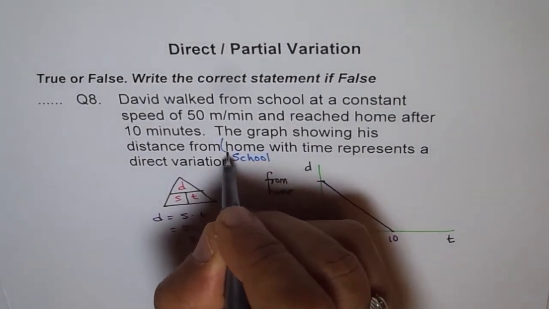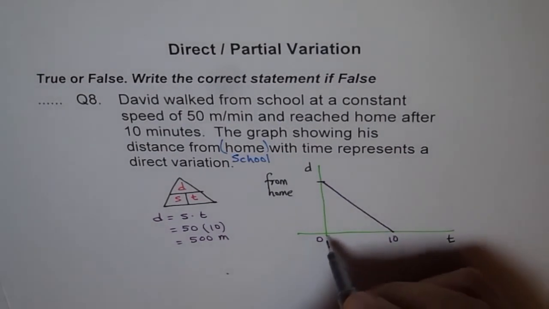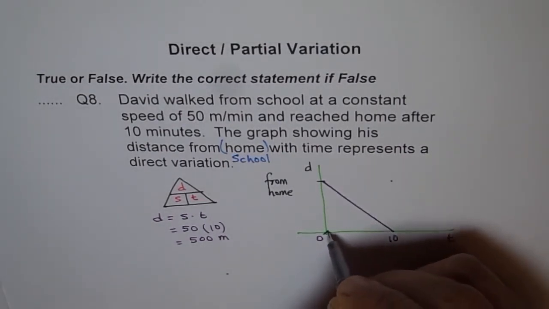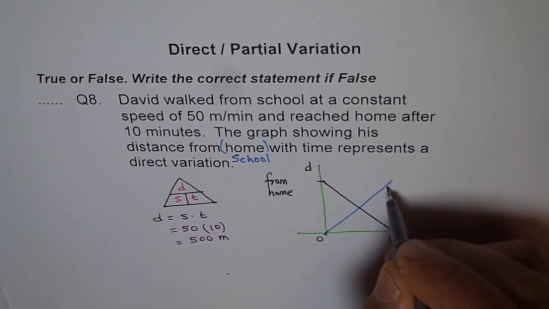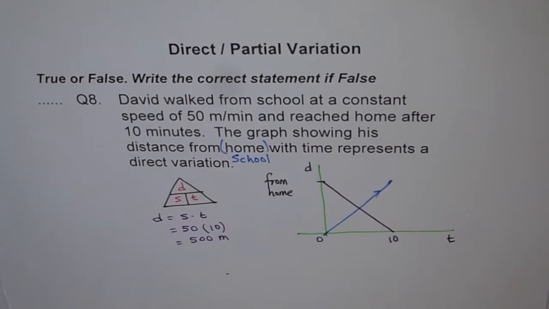If I change home to school, then it becomes direct variation because he started at school, right? So in 10 minutes he will reach home and the line will be like this. So that line is a direct variation. Do you understand? That will be a direct variation.